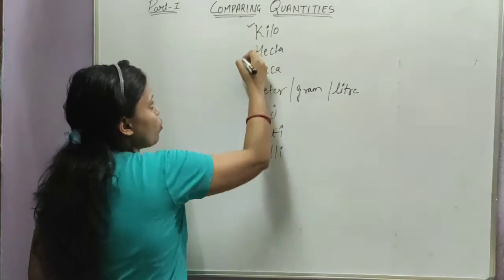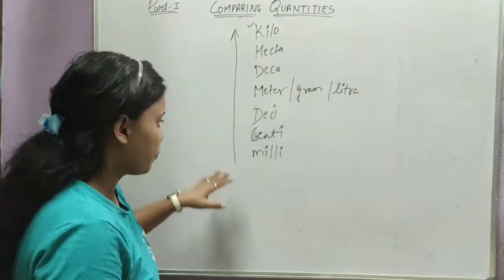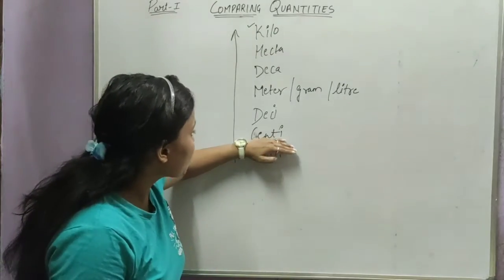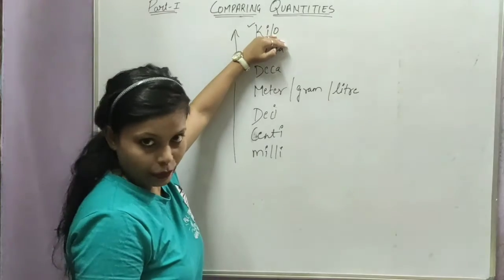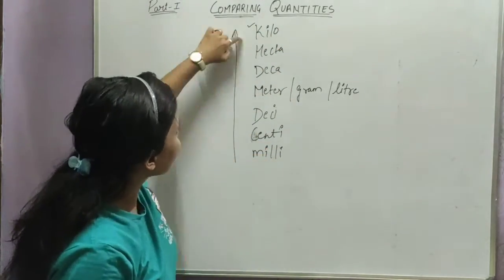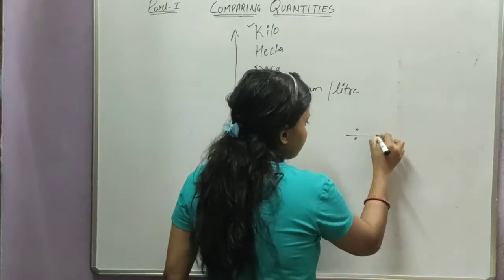So this is the highest quantity and this travels like this. If we convert the lower quantity into the higher quantity, what do we have to do? We have to divide.